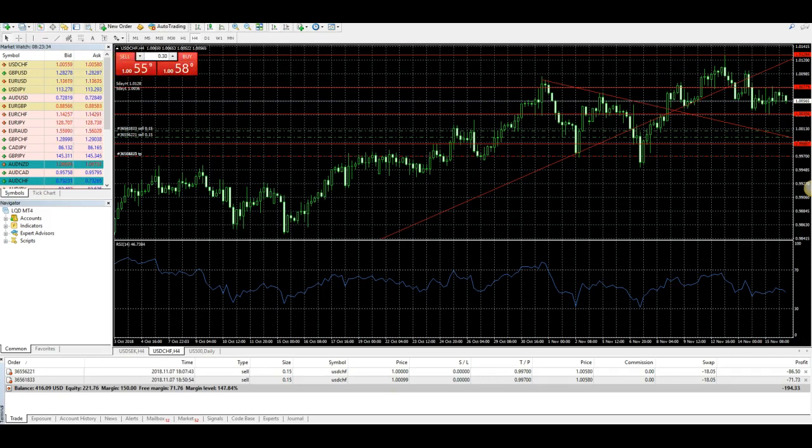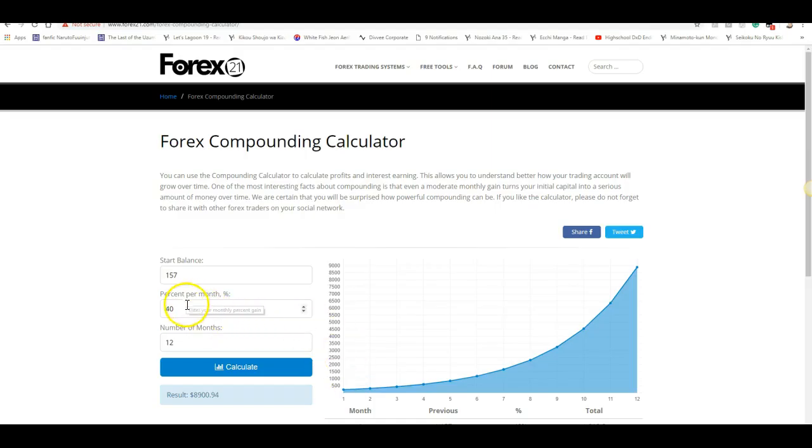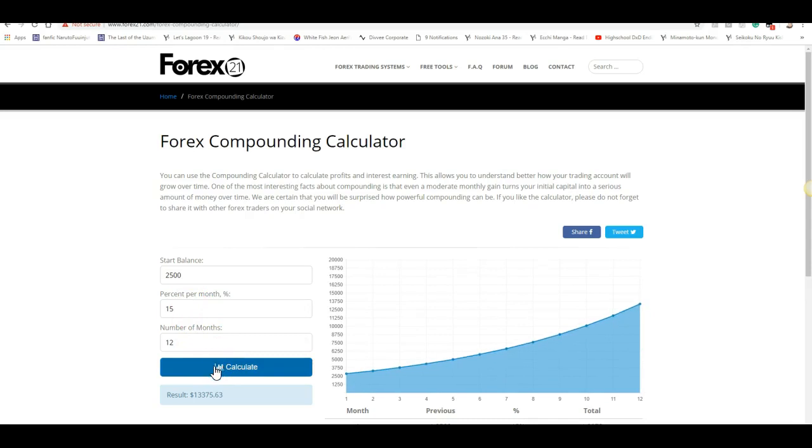So you do that, you get up to $2,500, and maybe you're not even making the 40% or the 20%. Say you only make 15% a month. In a whole year, starting from $2,500, you'll get your account up to $13,375.